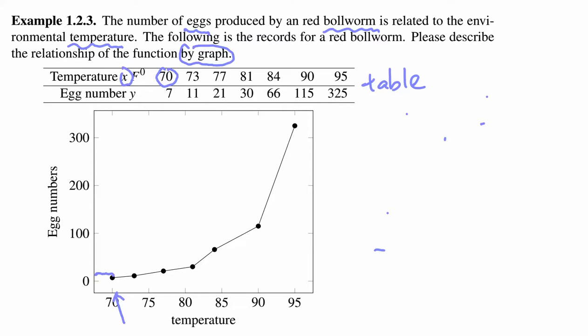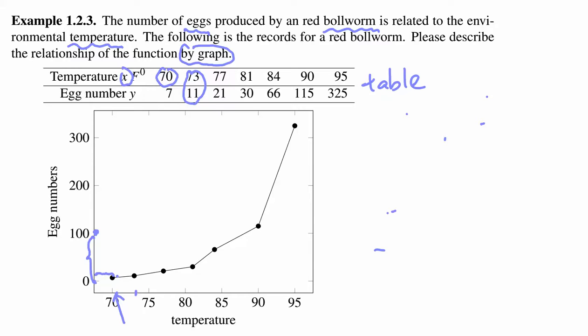And we know from 0 to 100 is this one. And then the second point is 73, 11. So 73 is roughly here. Okay. 11 is a little bit higher than 7.